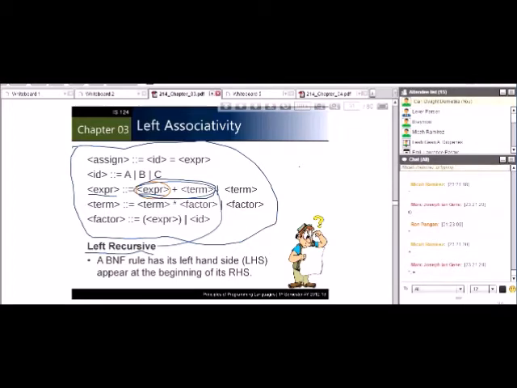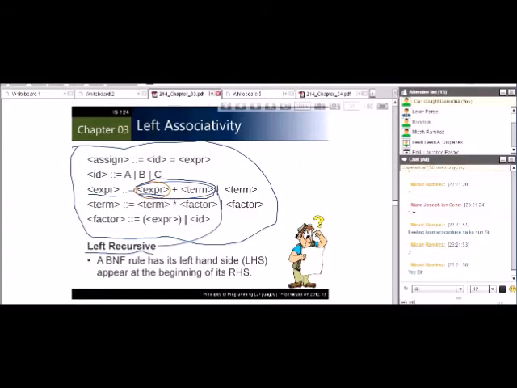Hindi dahil nasa ulo siyang nakalagay, siya na yung highest precedence, or nasa una siyang nakalagay, siya yung lowest precedence. So you have to examine properly your grammar. So don't be confused, okay?